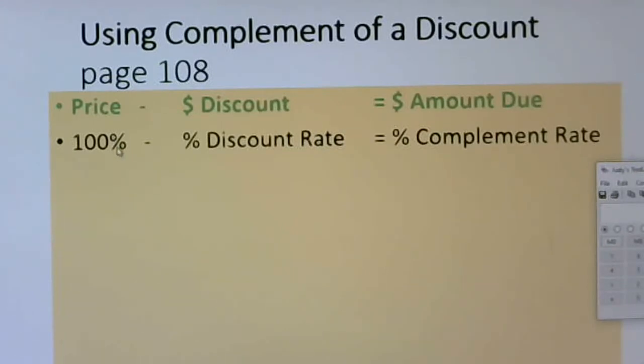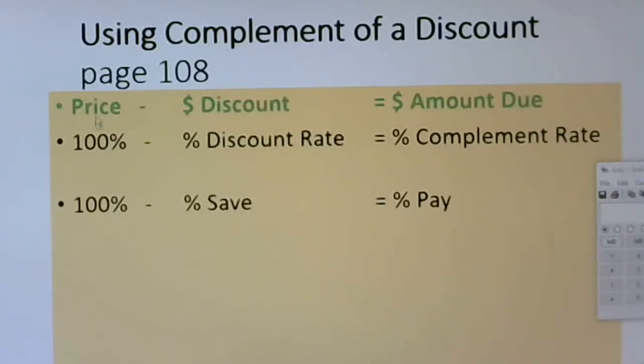So 100% minus either the money amount or the rate amount equals the amount due or the complement rate. If I'm going to save 20%, 100 minus 20 is 80. That's the complement. That's what I'm going to pay. That's the rate of the amount due.